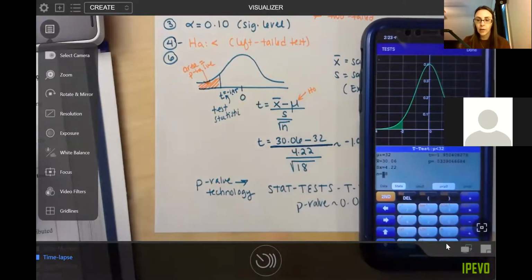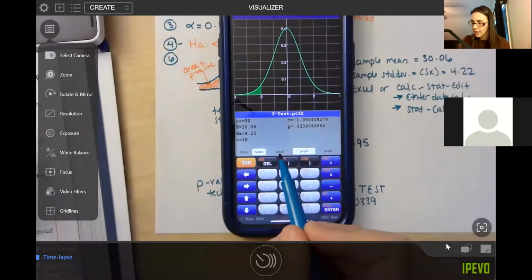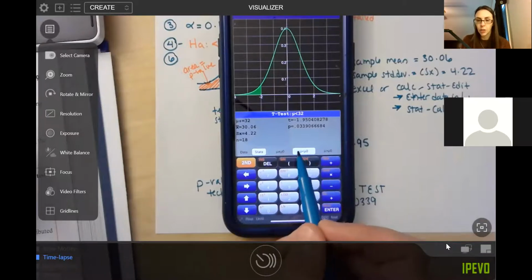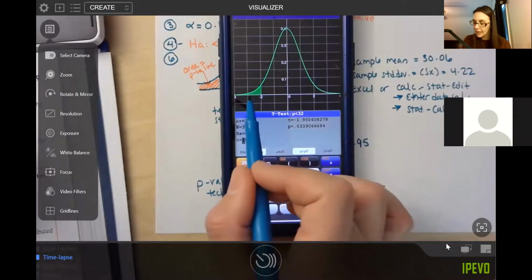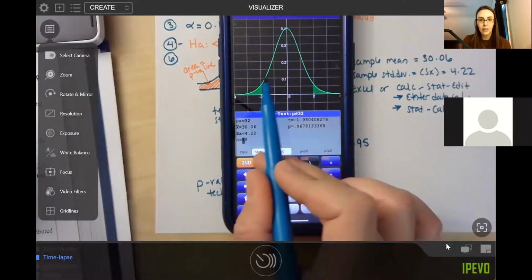One other thing I have to point out here, and I forgot to mention, is you do need to make sure that you select which kind of test you have. So I had already selected it, but remember that our alternative hypothesis said less than. So you're going to make sure you select the one that says less than. And you can see that the picture matches our picture here. If I select not equal to, you can see it now becomes a two-tailed test.